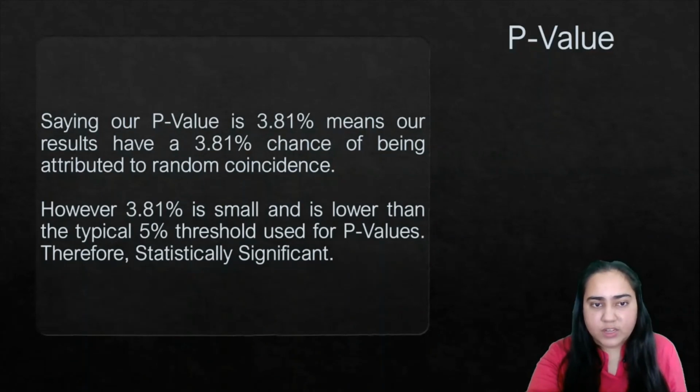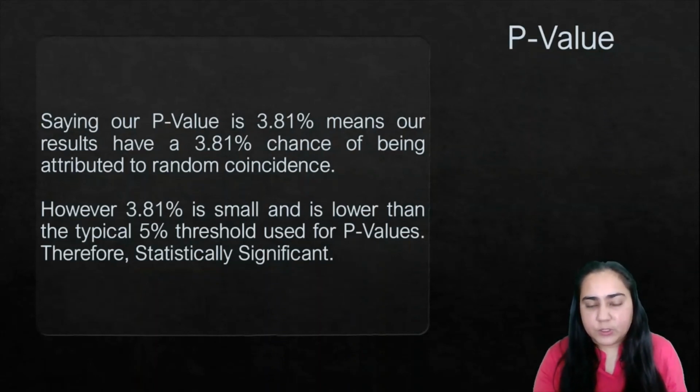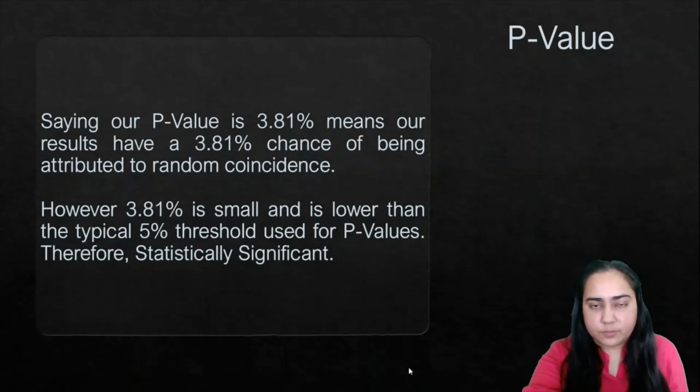However, 3.81% is small and is lower than the typical 5% threshold used for p-values, and therefore it is statistically significant. So now I'm going to go back to the code and show you very quickly how you can calculate p-value on your own. So let's move back there.